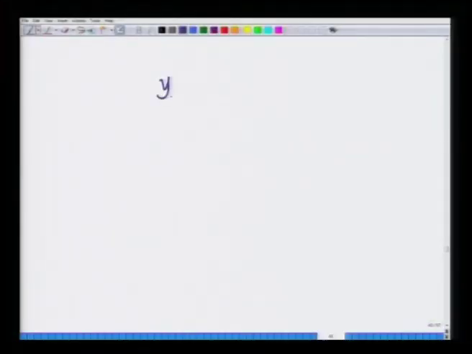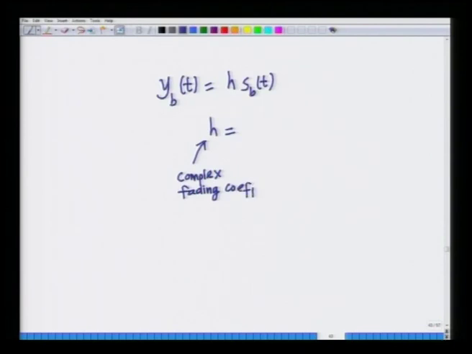Let me just refresh your knowledge regarding this. We said Yb of t in a wireless channel can be written as h times Sb of t, where Sb of t is the transmitted baseband signal. Now, h is a complex fading coefficient, which can be expressed as a magnitude A times a complex phase factor e power j phi.